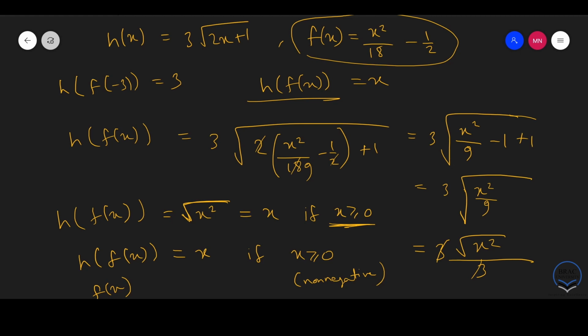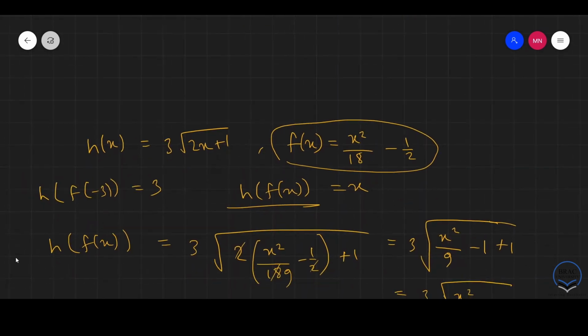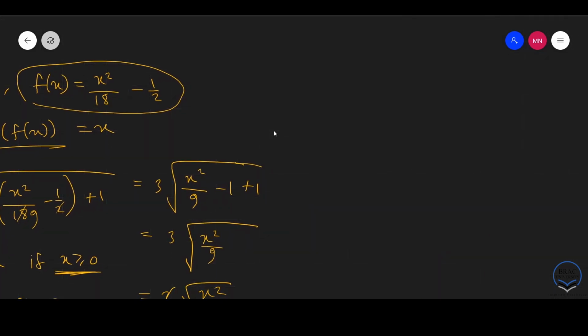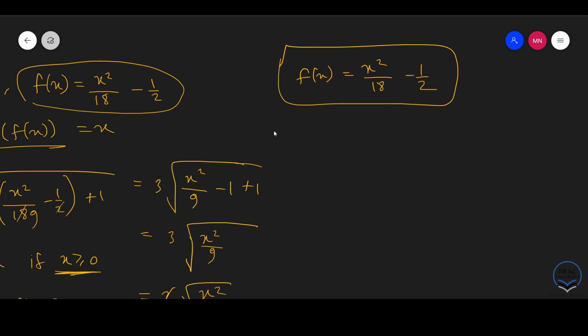Right, so over here we have f of x equal to x squared over 18 minus half, and in this function at face value we can see that we can take any value of x, right? But we just found from h of f of x that this can only be equal to x if x is non-negative.